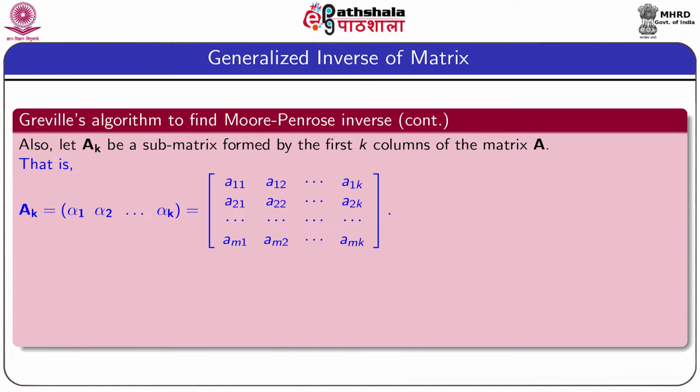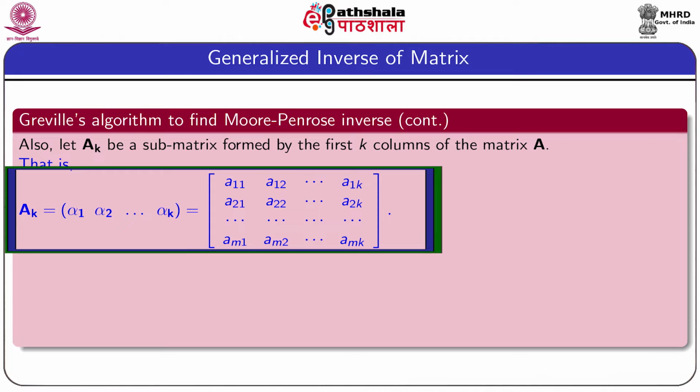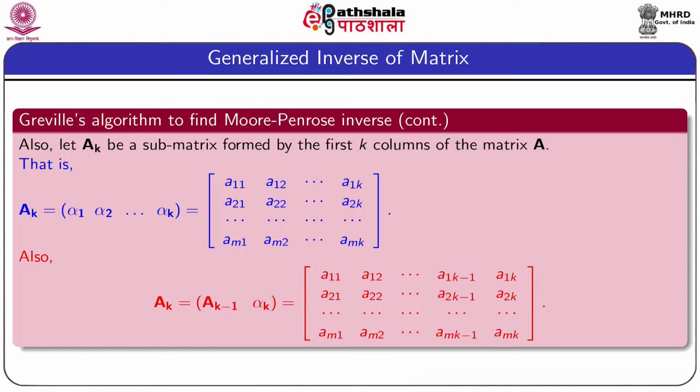Using this notation, we can define a submatrix constructed by the first k columns of the matrix A, denoted by Ak, that is Ak equal to alpha 1, alpha 2, up to alpha k. Also, this matrix Ak can be written recursively as Ak minus 1 augmented with alpha k, that means Ak is a submatrix containing the first k minus 1 columns augmented with the kth column.